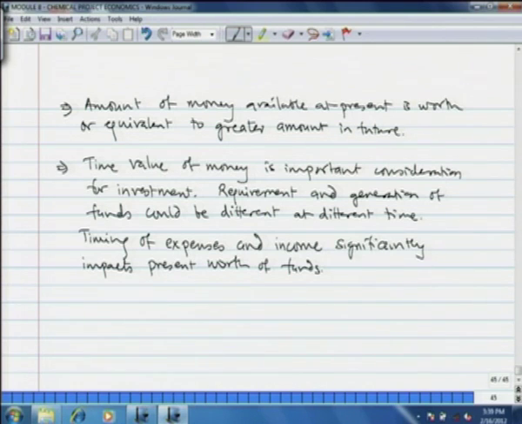Now, let us see how we can relate the future value of present money and the present value of future money. We have already seen compounding with simple interest and compound interest. Therefore, the future amount, if compounding is discrete, such as quarterly compounding, then we have already derived the formula F is equal to P into (1 + I)^n.